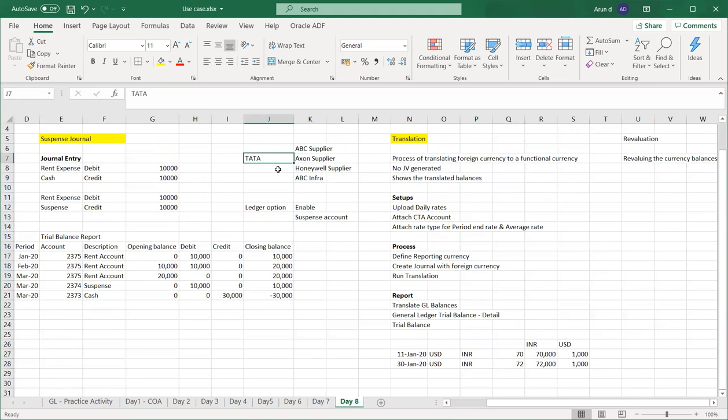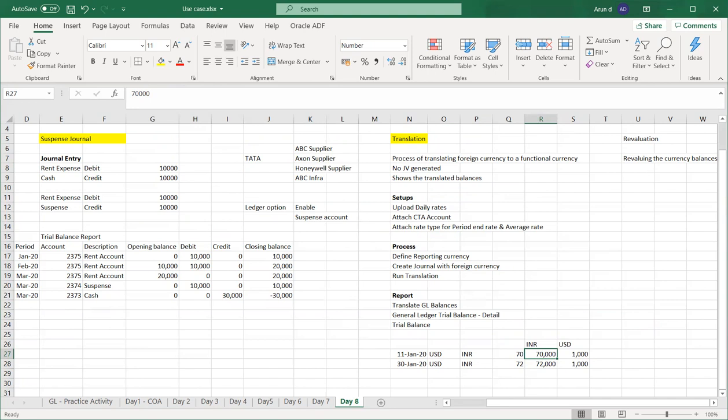Tata is paying maybe to a Honeywell supplier who is sitting in India. I cannot transfer the amount in INR sitting in the US, so I will transfer 1,000 USD. When Honeywell receives this amount, it will be 70,000 INR.